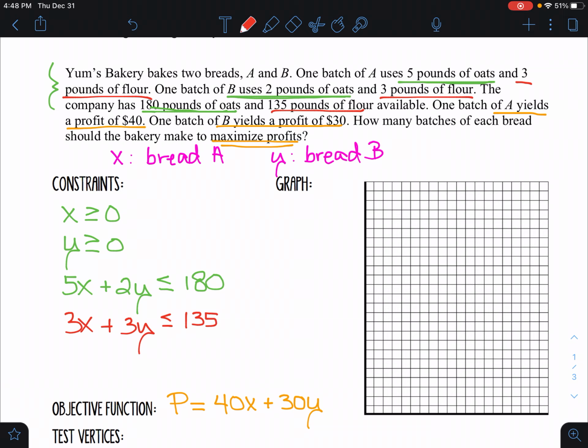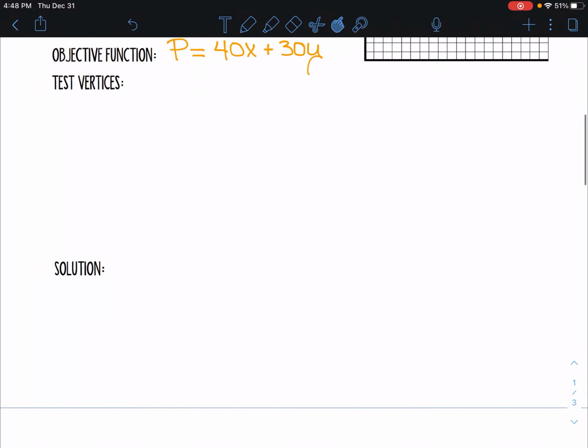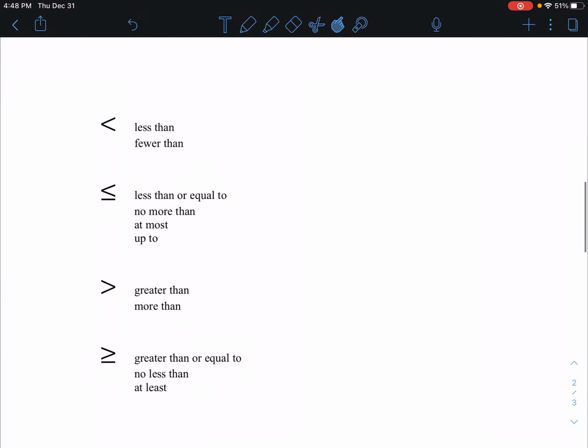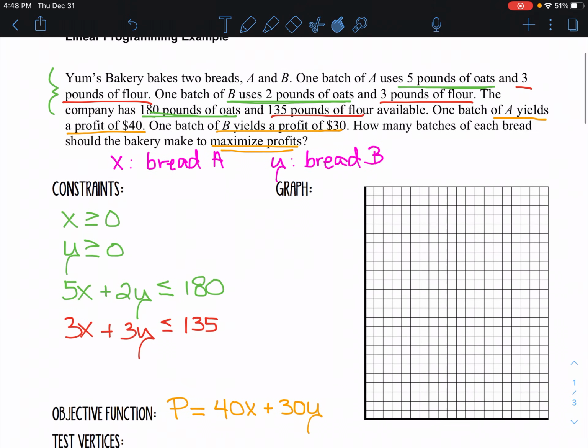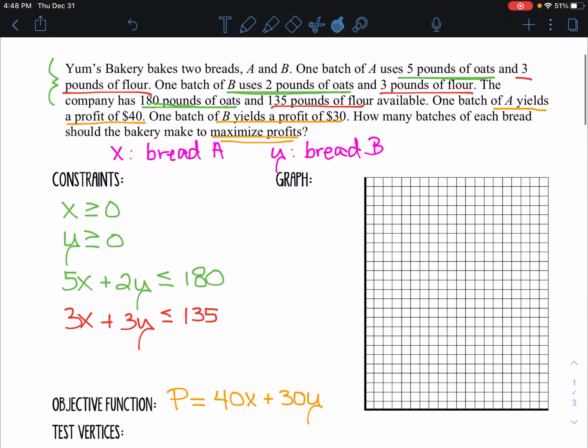Now, this one tries to confuse you by mixing things up like that, and that's why I wanted to go over one of those. You'll notice here, none of these phrases that you'll see on this right here are in this problem. So this is one you have to be a little bit more sneaky about how you come out with these constraints.